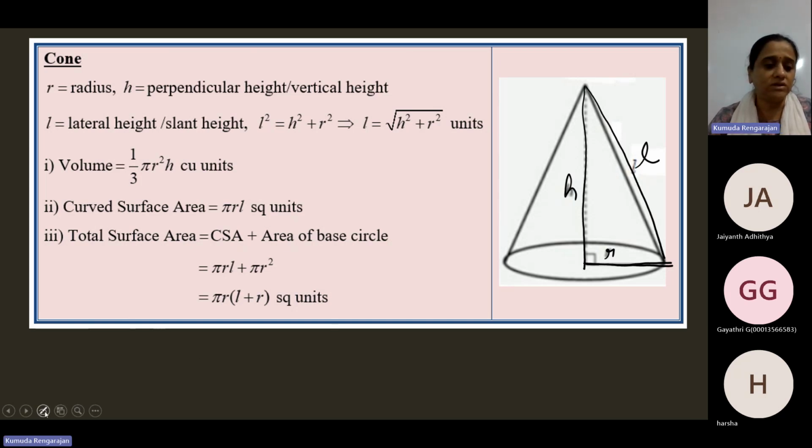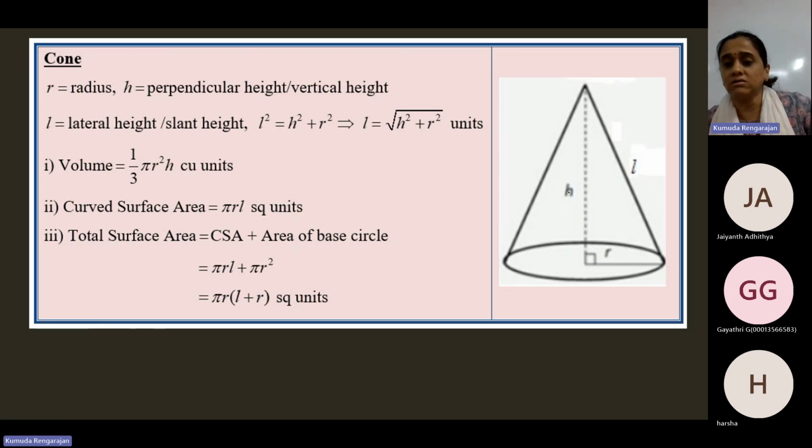Now these three, the radius, perpendicular height and slant height, are connected by a relation, and that is by Pythagoras theorem. You can see that the slant height is the hypotenuse. So the square on the hypotenuse, l square, is equal to the sum of the squares of the other two sides, h square plus r square.